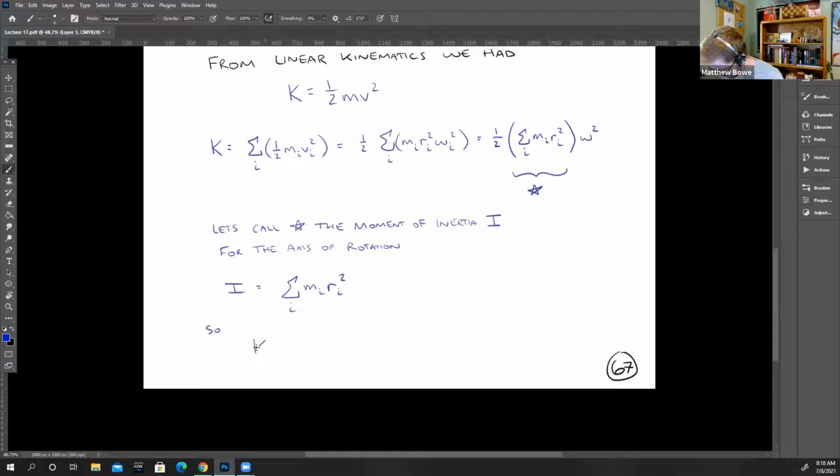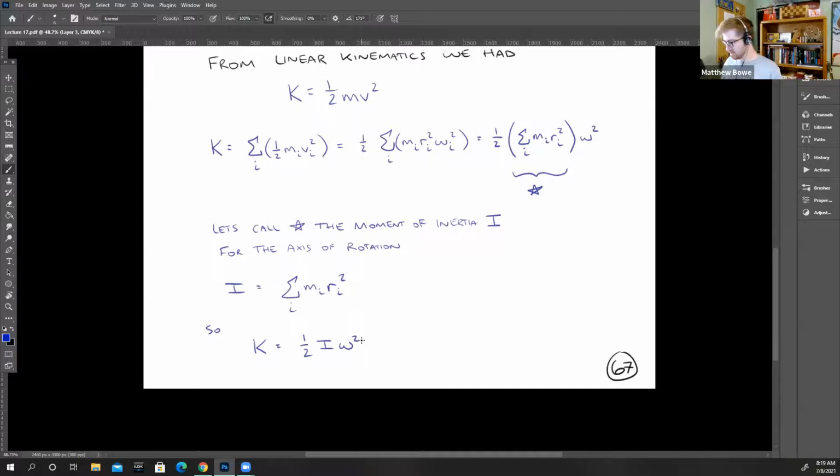So the kinetic energy is just 1/2 times the moment of inertia of whatever system or object you're looking at, times the angular velocity squared.